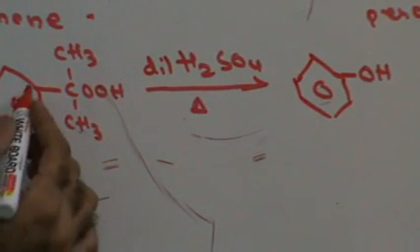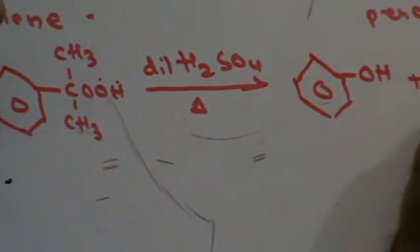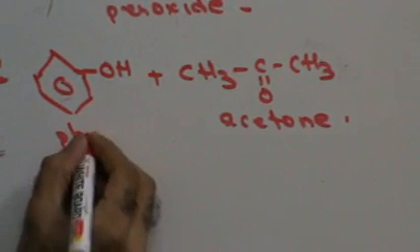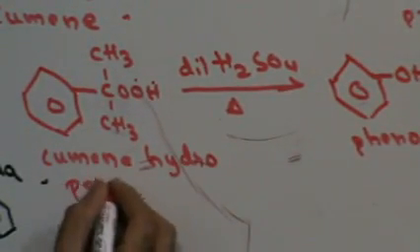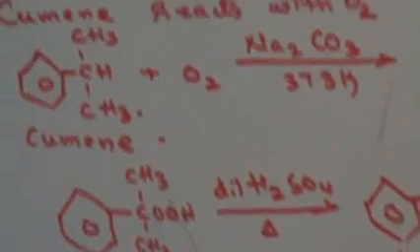That means the benzene ring and OH are out, which leaves you with CH3COCH3. This is acetone, phenol, and this is cumene hydroperoxide. That's how you prepare phenol from cumene.